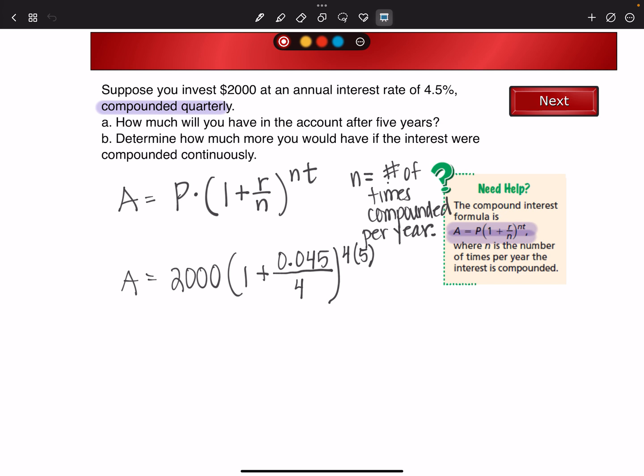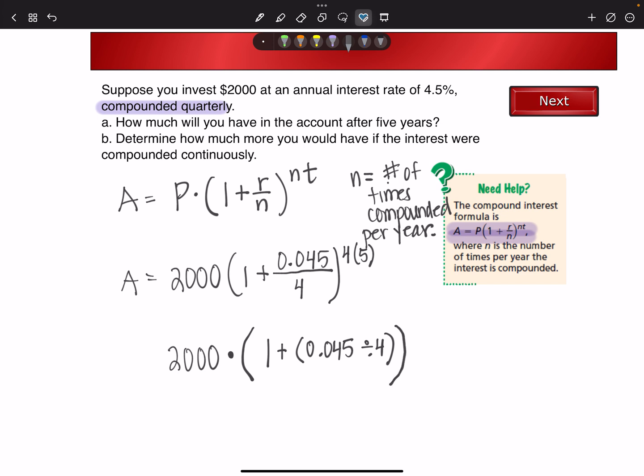So now we put this into our calculator exactly the way it looks: 2,000 times, parentheses, 1 plus, and then you can use parentheses again if you like, or you can use your fraction bar, 0.045 divided by 4. But then you're going to need to use parentheses again, the bigger parentheses, raised to the 20th power.